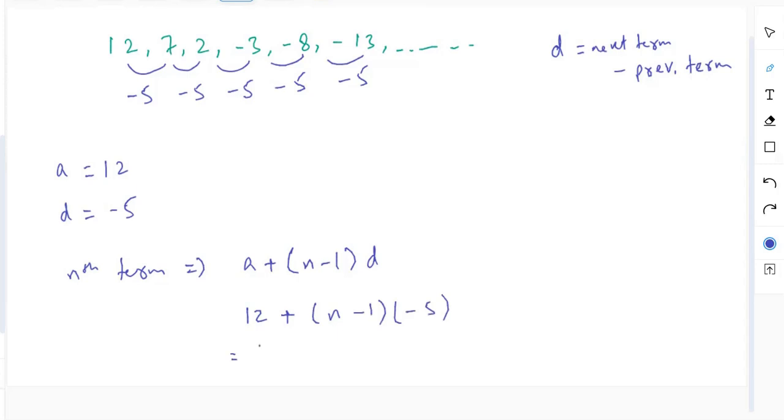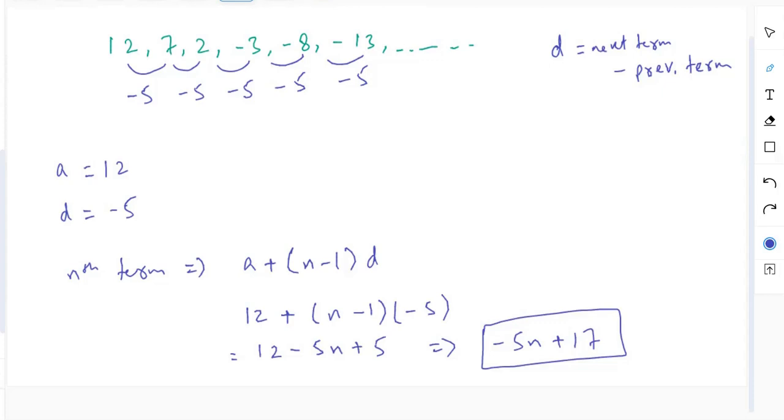You evaluate this, it turns out to be 12 minus 5n plus 5, which is equal to minus 5n plus 17. That is your nth term of this formula.